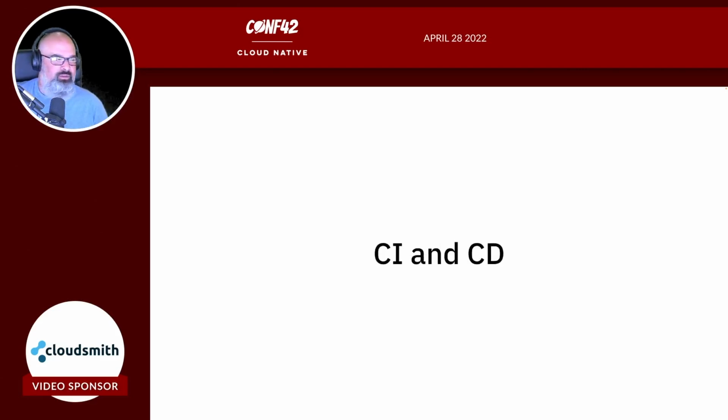The natural thing you need to start talking about after understanding this is CI and CD. If you've never seen these two terms before, I'm shocked. It's kind of an industry standard now. CI stands for continuous integration, and CD stands for continuous delivery. CI is pretty much industry standard now across the board.